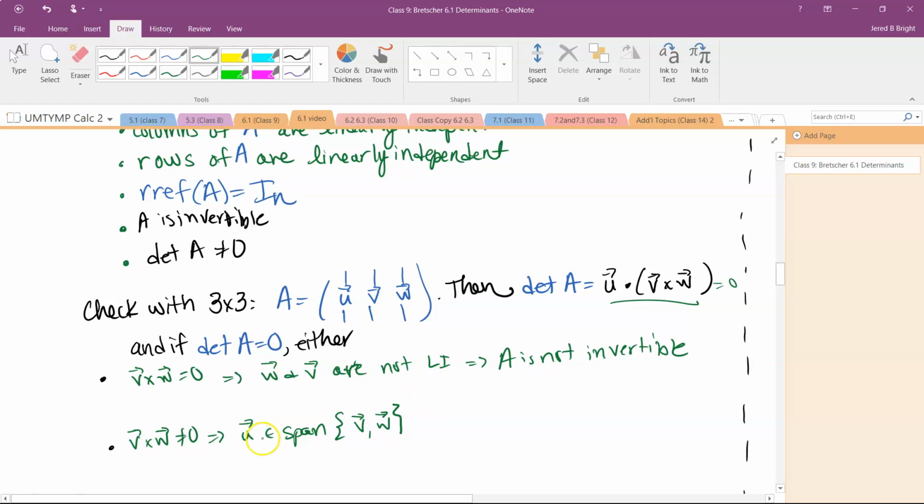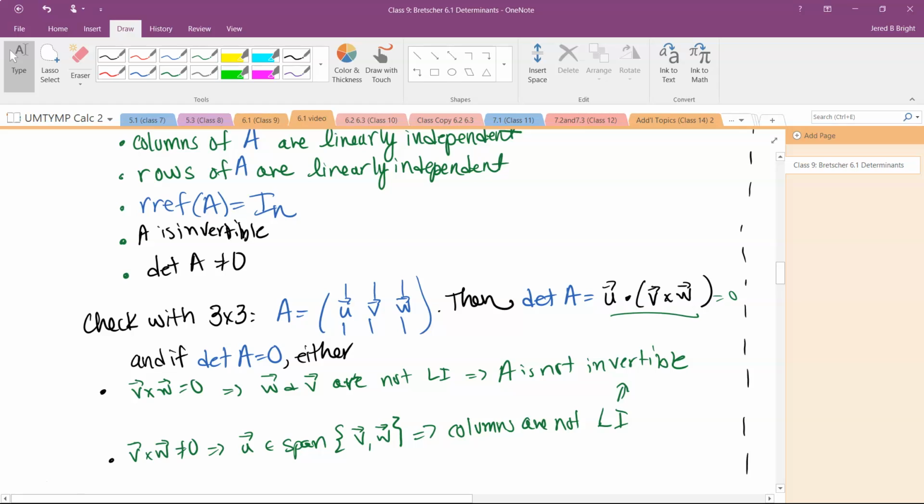If U is in the span, then the columns are not linearly independent, and therefore A is not invertible. So it seems to work in the 3 by 3 case as well as the 2 by 2 case, that we have to have this determinant not equal to 0 property. Does it hold in higher dimensions? Well, yeah, it does, but we'll get some more practice with that. So we've officially connected the idea of having an inverse with the determinant not being 0. Now in the next set of videos, we're going to look at some determinant methods.